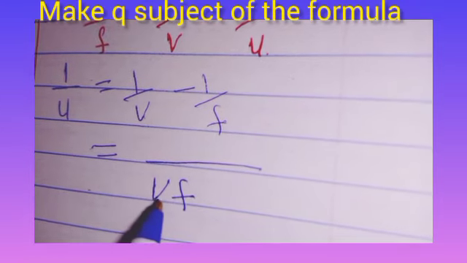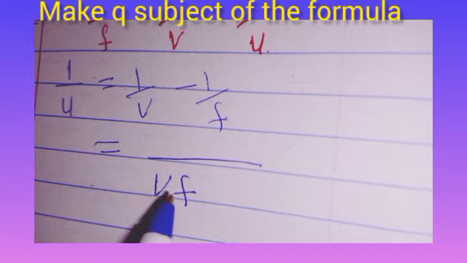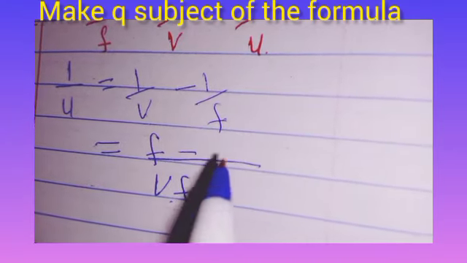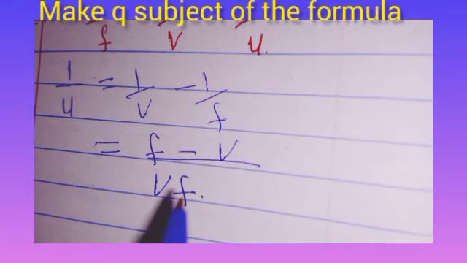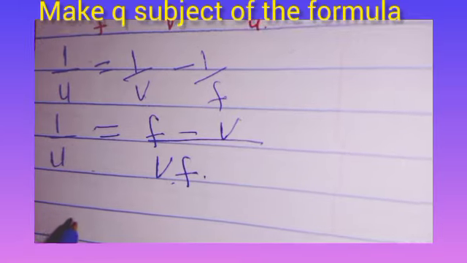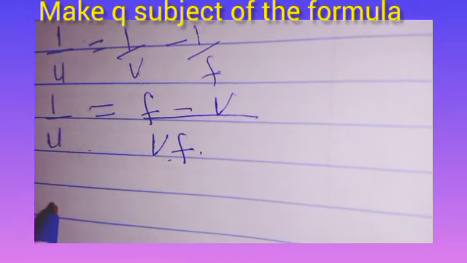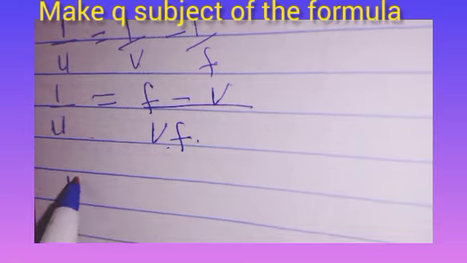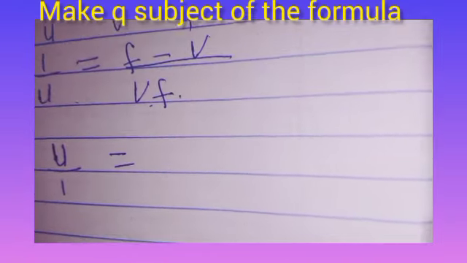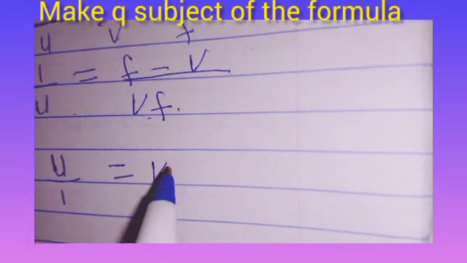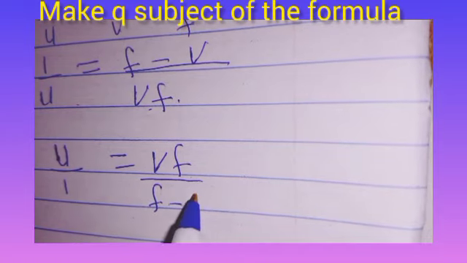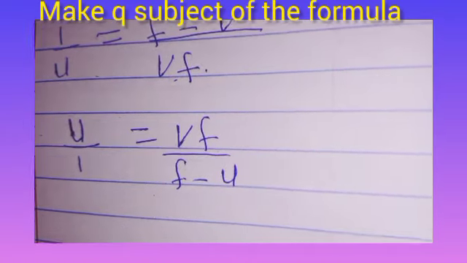Now vf divided by v will give you f. vf divided by f will give you v, which is equal to 1 over u. We take the reciprocal, which gives you u over 1, which is the same as vf divided by f minus u.